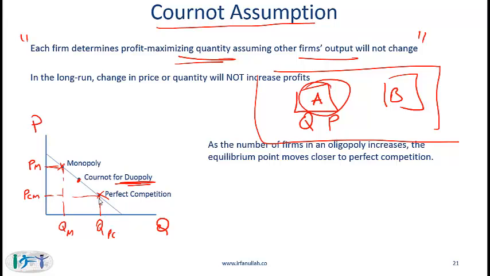However, it can be shown that as the number of firms increases, so here we have 2, but as this number increases to 3, 4, 5, 6, etc., then the equilibrium point moves closer and closer to the perfect competition point.